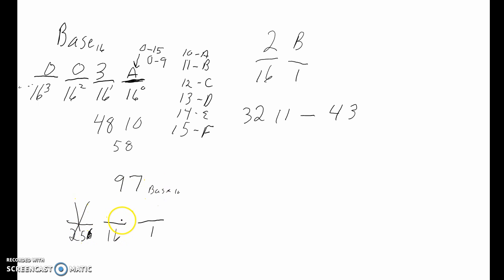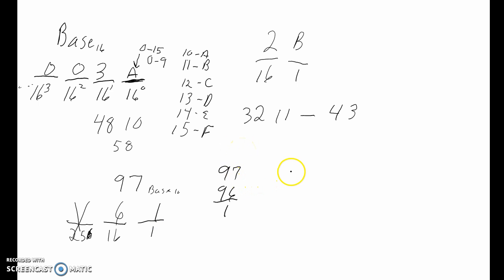Then we ask ourselves, 16 goes into 97 how many times? It is 6 times, and we know 6 times 16 is 96. Remainder 1. So 61 will be its hex number.